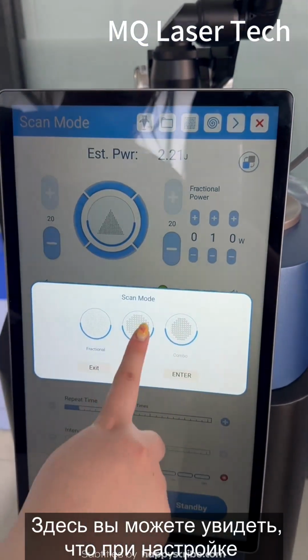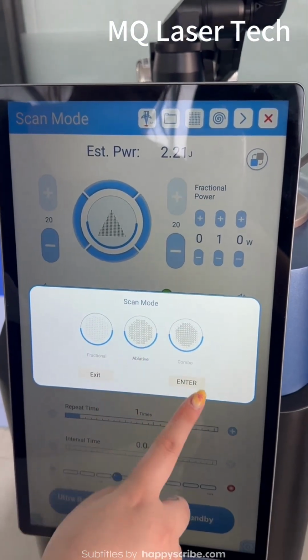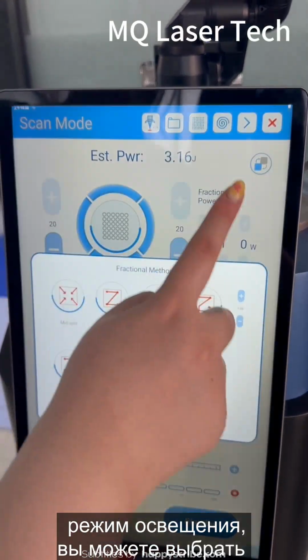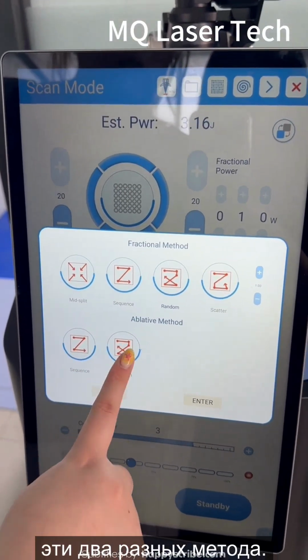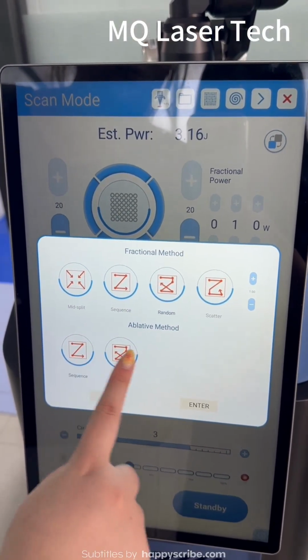Here you can see, when you adjust the lighting mode, you can choose these two different methods.